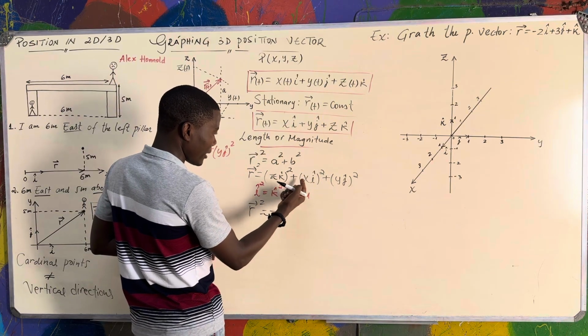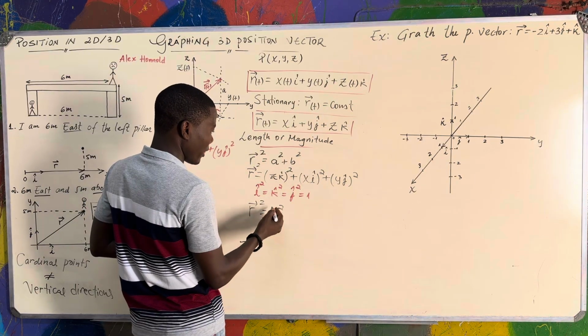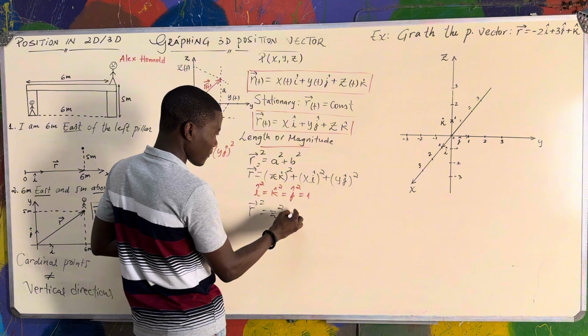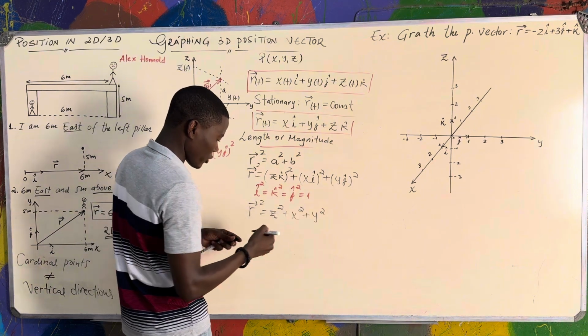So k, i, and j vanish from the equation, and we have z squared plus x squared plus y squared.